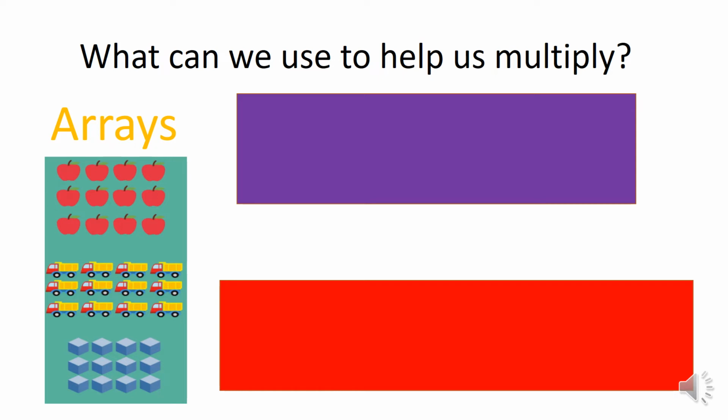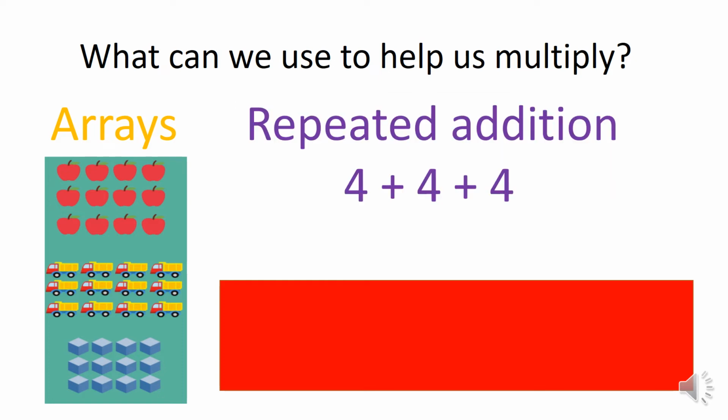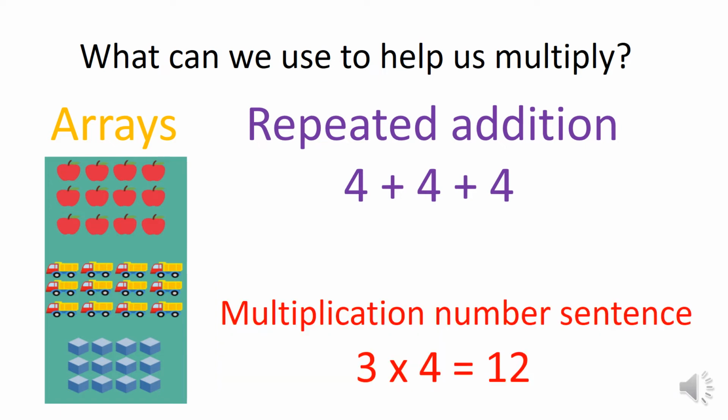Now you can use pictures or you can just use shapes, it's up to you, but you have to organise them in rows and columns. When we have our array, we can then write the repeated addition number sentence. So this is when the same number is repeatedly added to the previous number. And then from that we can write the multiplication number sentence.